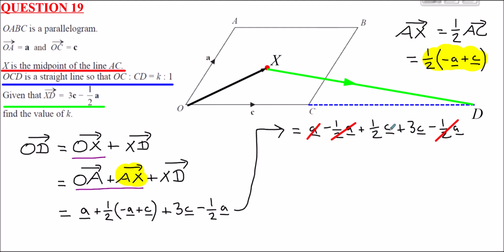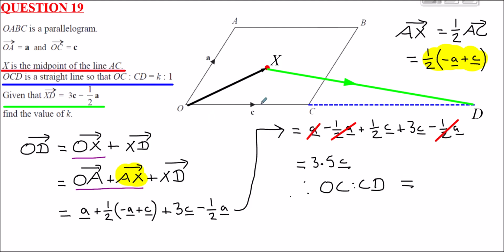So how many C's do I have? I've got half a C here, plus another 3 C's. I've got 3.5 lots of C, so I'm going to call that 3.5C. Okay, so now I'm almost done. So therefore the ratio of OC to CD I can work out.